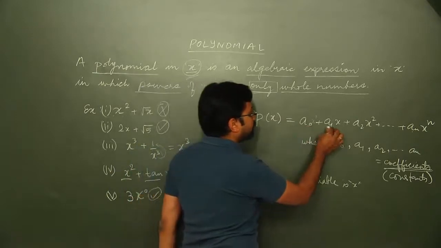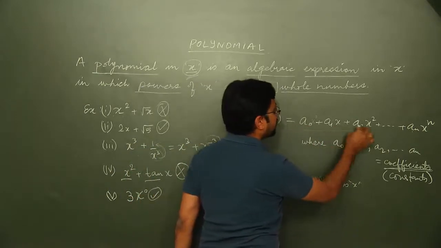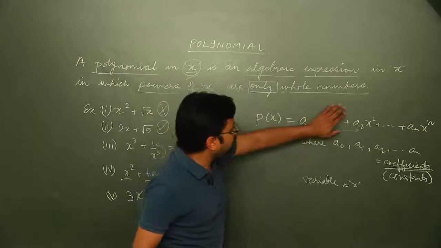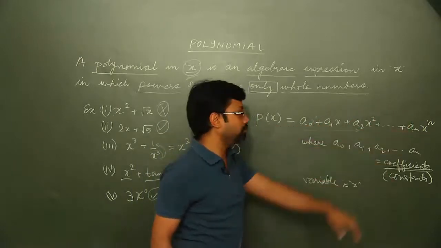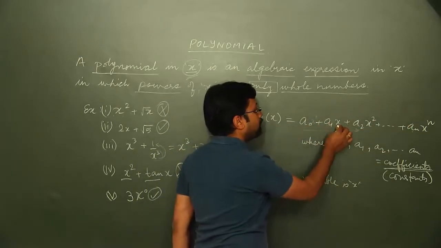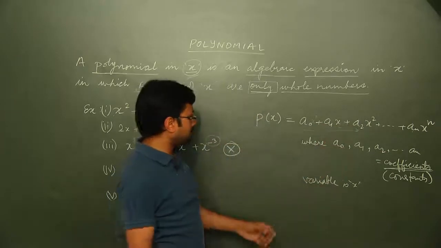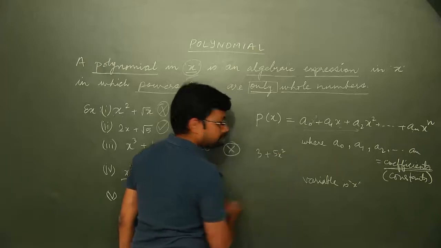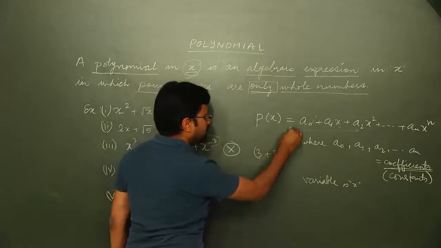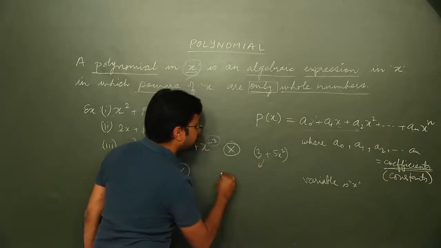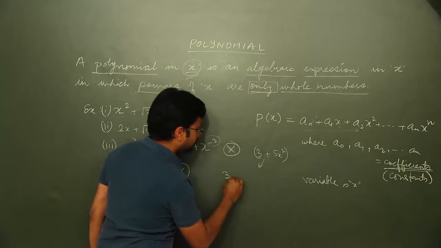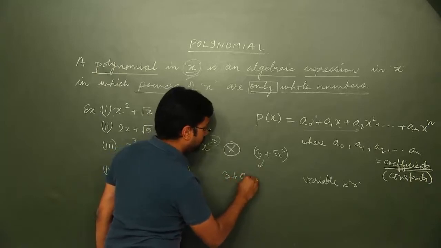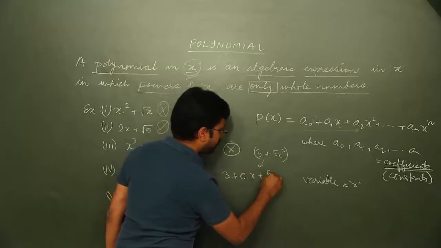Now here we have written a general form where the powers of x are written in increasing order. You may have certain terms, you may not have certain terms. For example, if a1 becomes 0, the x term would not be there. So if you have an expression 3 plus 5x square, if this is a polynomial, it could have been written as 3 plus 0 into x plus 5 into x square, right?